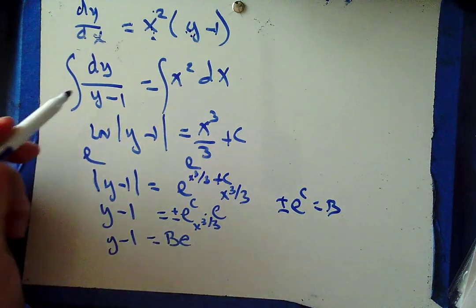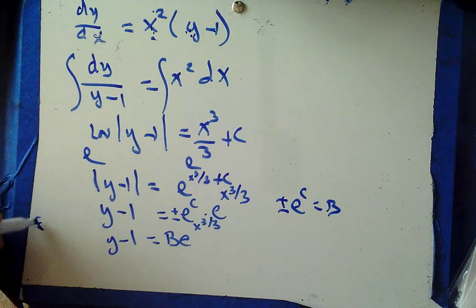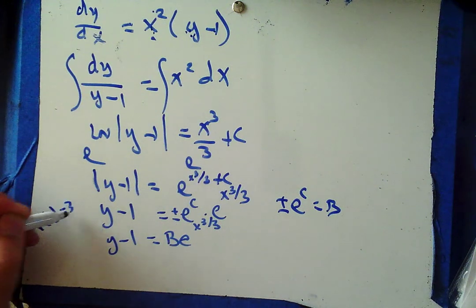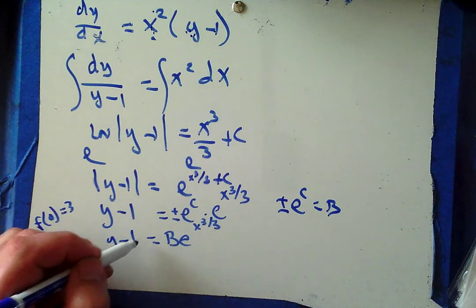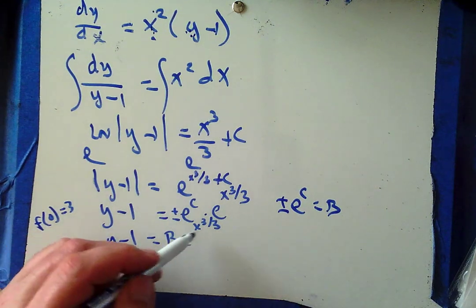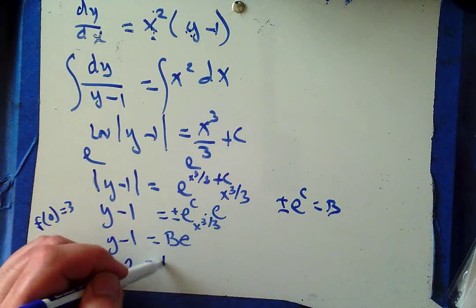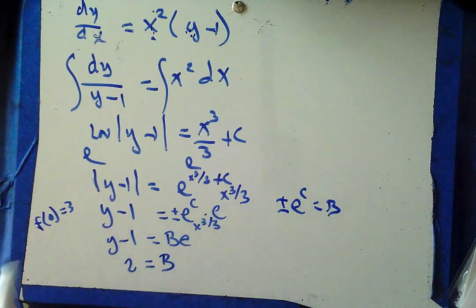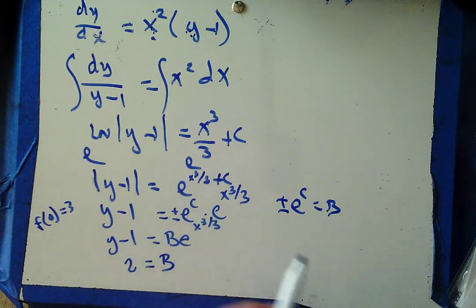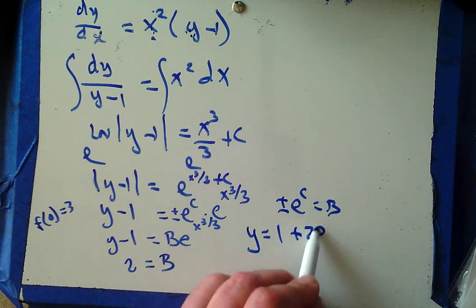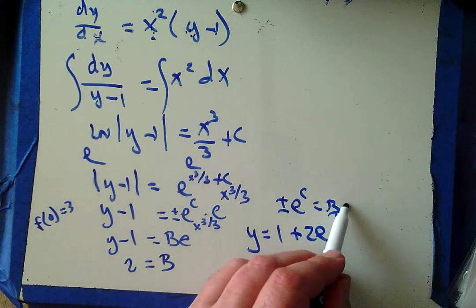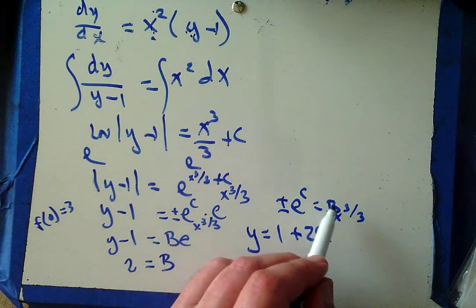And if we plug in that initial condition, remember they told us f of 0 is equal to 3. 3 minus 1 is 2, and e to the 0 is 1, so b equals 2. And so then my particular solution is going to be y equals 1 plus 2e to the x to the third over 3.